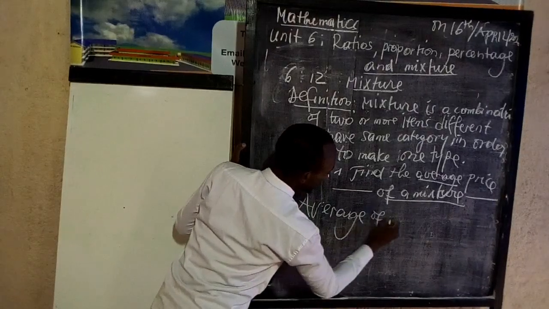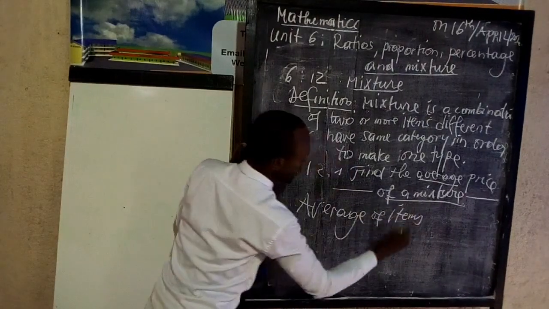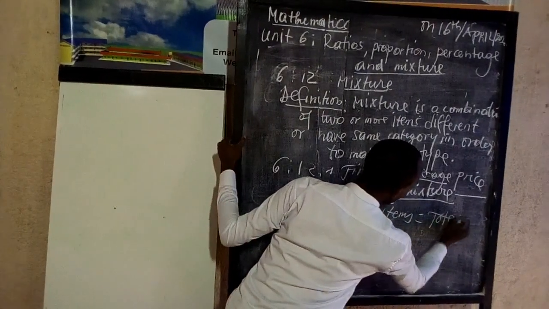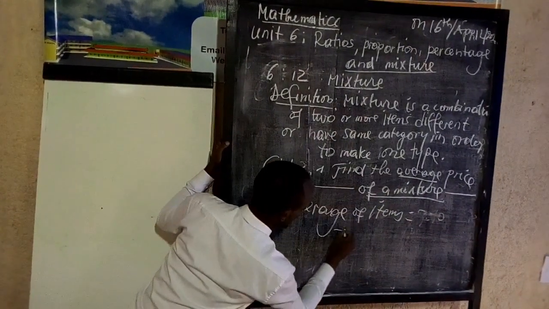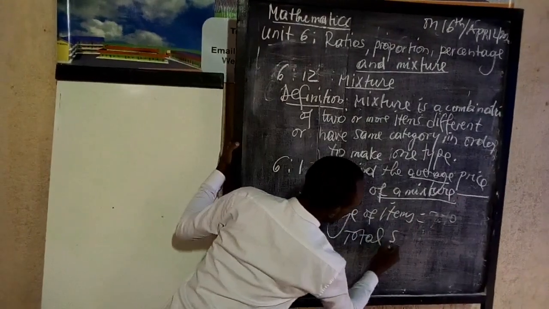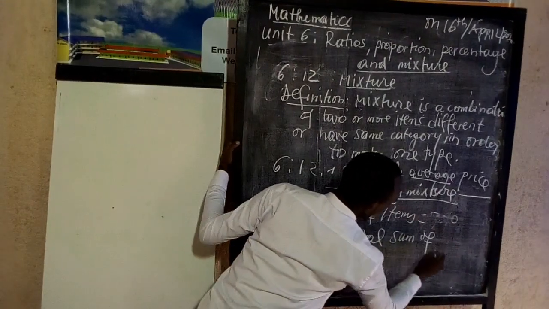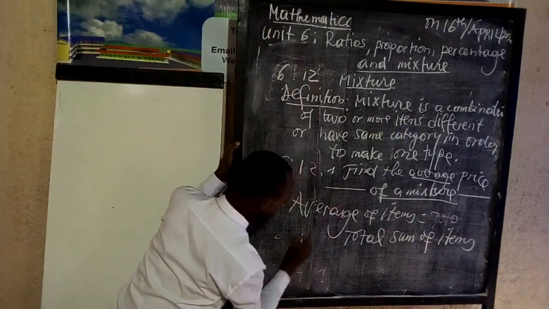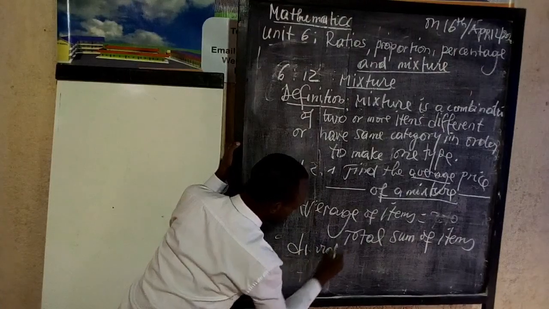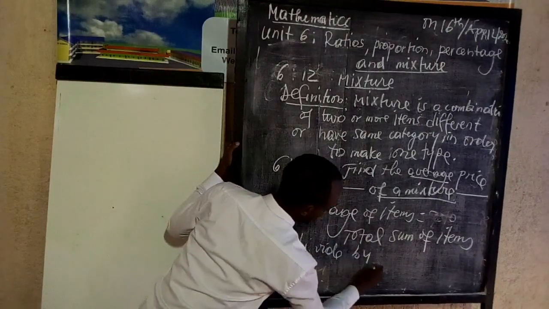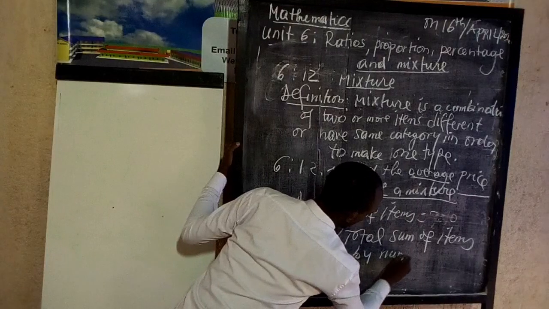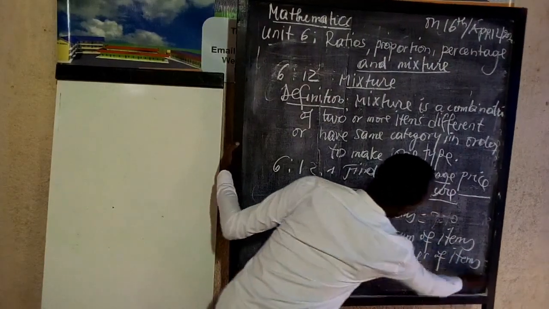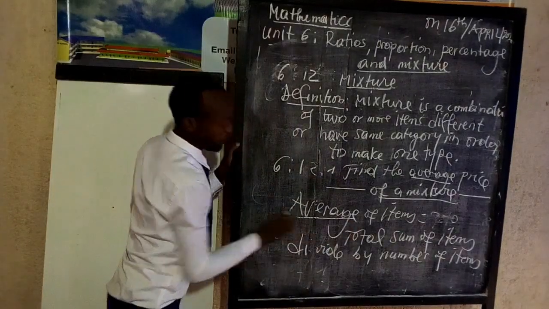The average of items is equal to the total sum of items divided by the number of items. That is the meaning of an average.